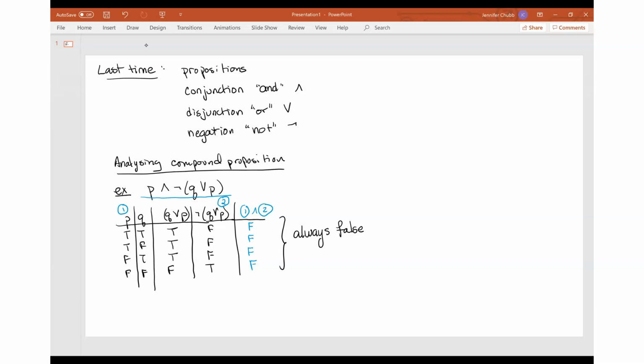So Q and P must both be false. So it follows from that. We can't have P be true and at least one of P and Q be true be false. So when something is always false, we call it a contradiction. So this is always false by its very form.